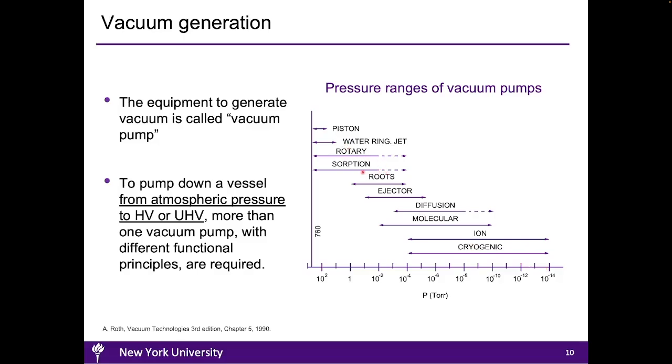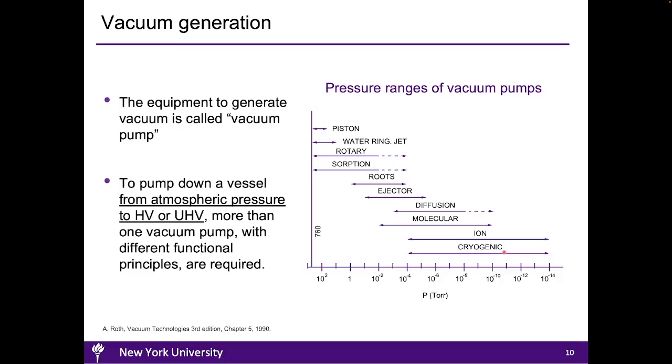For example, the rotary pumps can accomplish low to medium vacuum levels. On the other hand, molecular and cryogenic pumping systems can achieve high vacuum and ultra high vacuum levels.